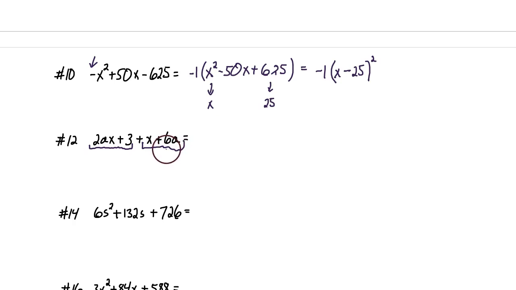So grouping doesn't work if the terms are written in this order. But maybe rearranging the order would allow grouping to work. Let's try that. Let's keep the 2ax at the beginning and follow that with the positive x, then put the positive 6a, and then put the plus 3. Now let's try grouping.